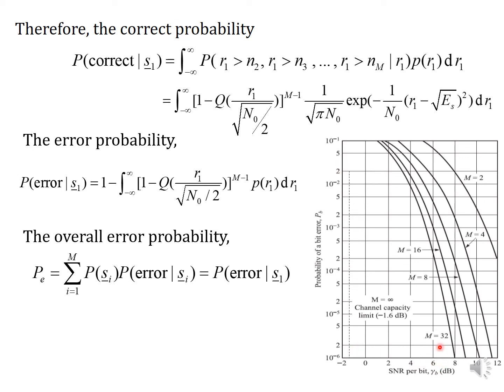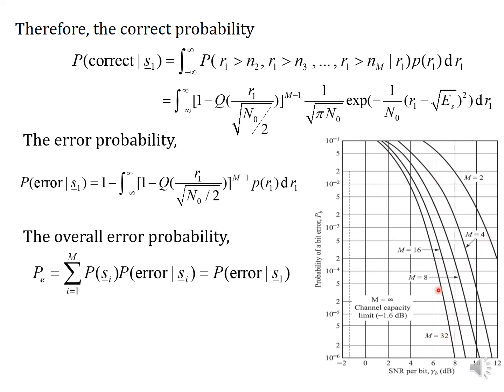Here we can see that as M increases, the bit error probability becomes smaller and smaller, right?